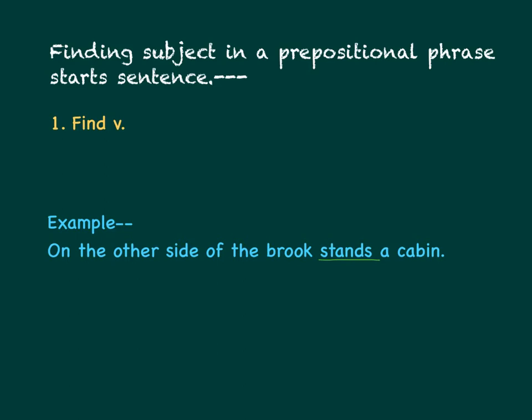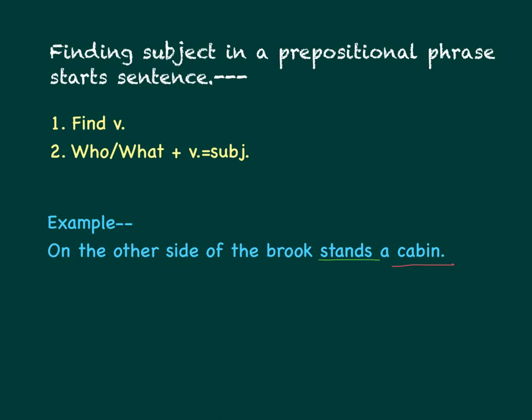Then we ask ourselves, who or what stands? Does the brook stand, the cabin stand, or the side stand? The red underlining of side, brook, cabin are all nouns, so I need to figure out what is actually standing. Well, the only answer that makes sense in this question is cabin, so cabin is the subject.